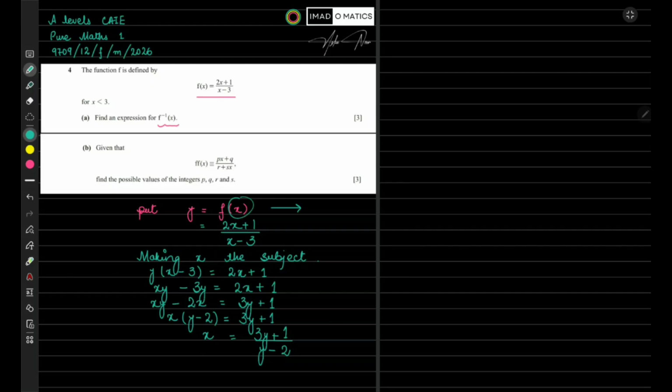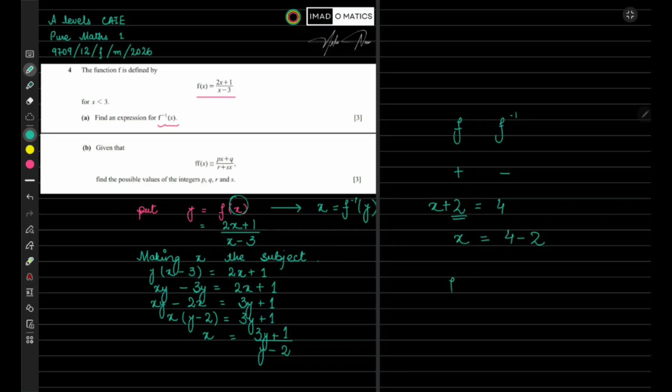if you make this x the subject, this x will be equal to f inverse of y, because f and f inverse are opposite operations like plus and minus. Like if you have x plus 2 equals 4, this 2 goes to the other side and becomes 4 minus 2.